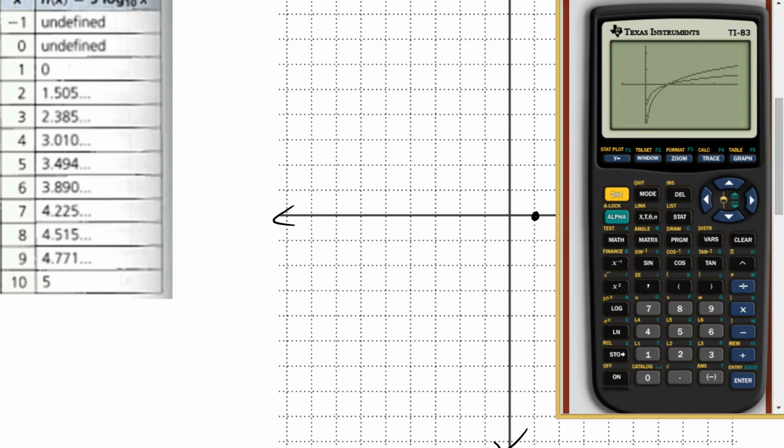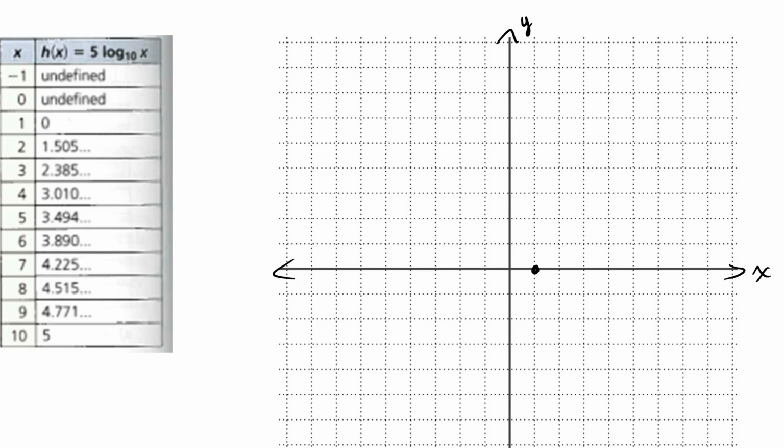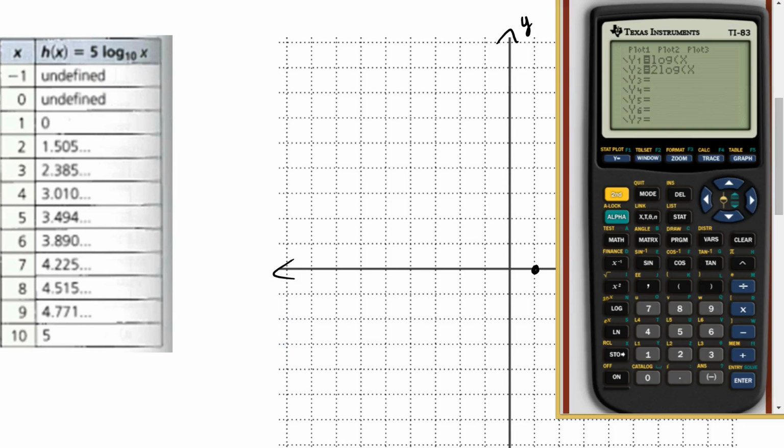So if I were to take my graphing calculator, and now instead type in this formula, 5 log x, graph it. Whew! Look at that. It's actually jumping out of the scale a little bit.